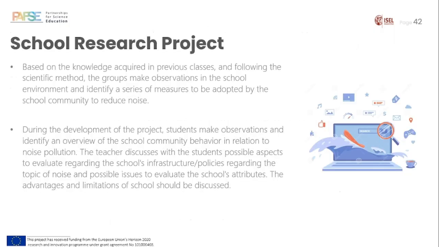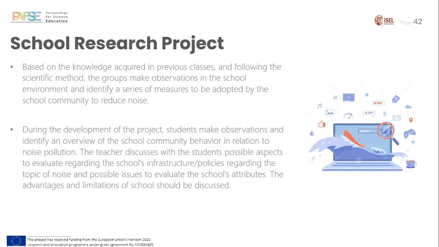And to address specifically the school research project, as it was mentioned, based on the knowledge acquired in the previous classes and following the scientific method, the groups should make observations in the school's environment and, for example, identify a series of measures to be adopted by the school community to reduce noise. During the development of the project, students made observations and identified an overview of the school community behavior in relation to noise pollution.